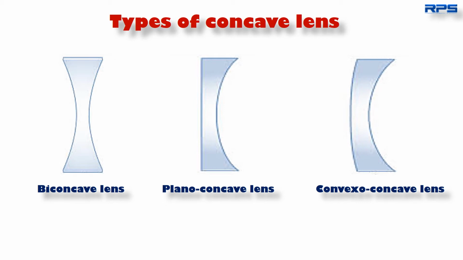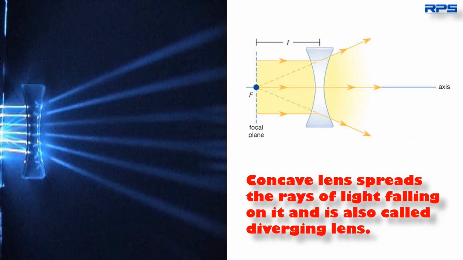Plano-concave lens with one plane and one inward curved surface, and convexo-concave lens with one outer curved and one inward curved surface. Concave lens spreads the ray of light falling on it and is called diverging lens.